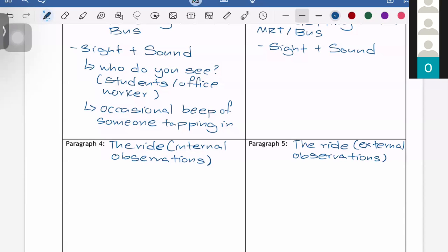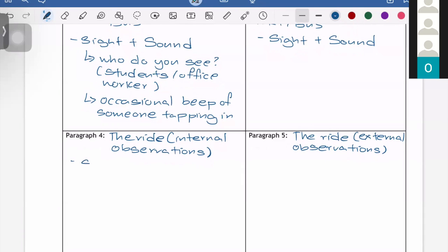But then I may have students that tell me, I take the MRT, but I'm always underground. I see nothing outside. Then don't mention the underground. Talk about what you see if you're outside of the tunnel. I'm sure you have taken some stations where you see the outside. Talk about that instead.